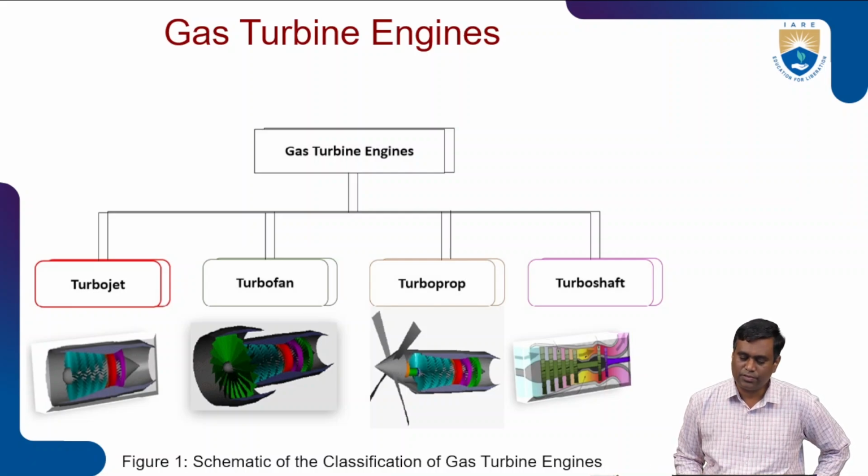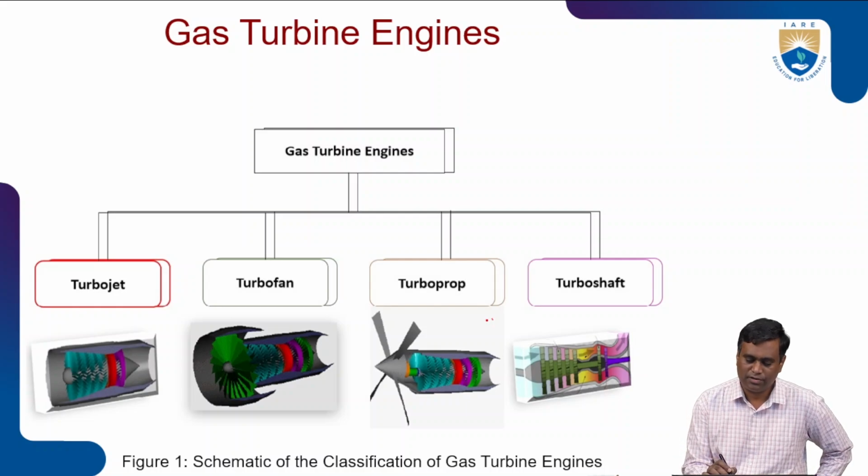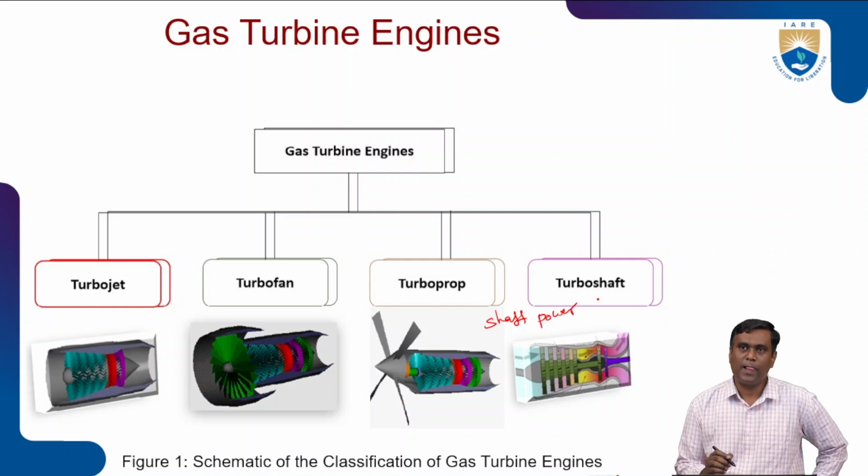The next two types of engines we have seen use shaft power. Shaft power is used to drive propellers. In the case of turboprop, propellers generate thrust.